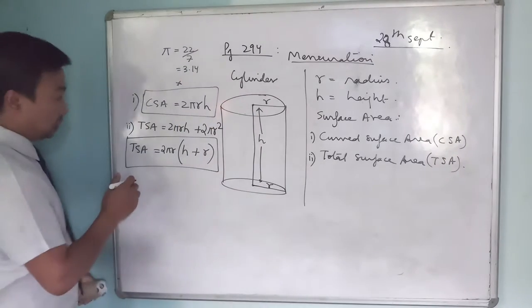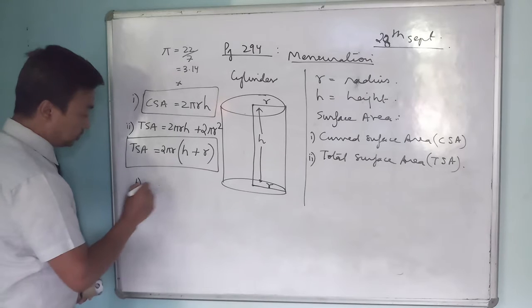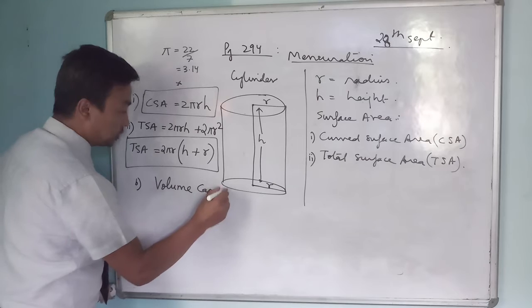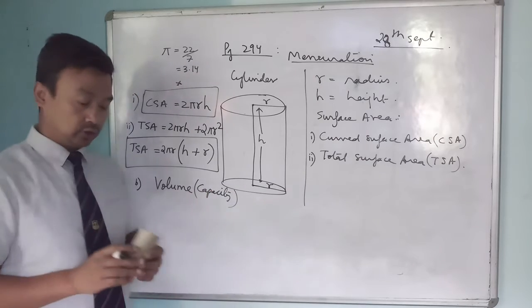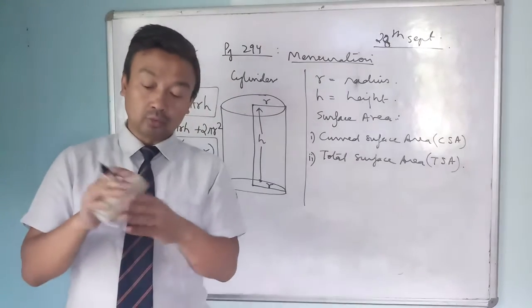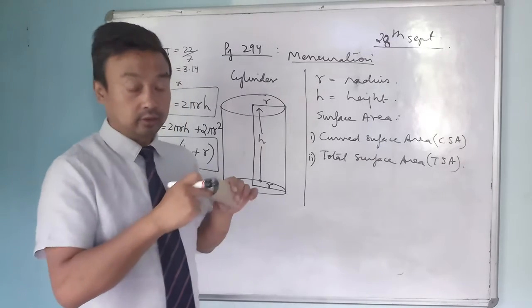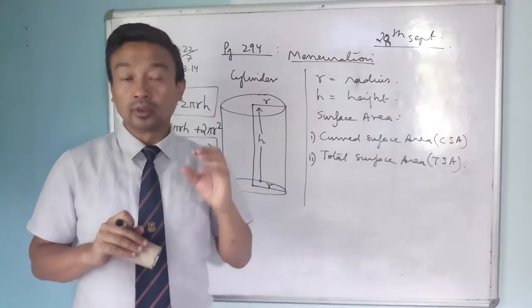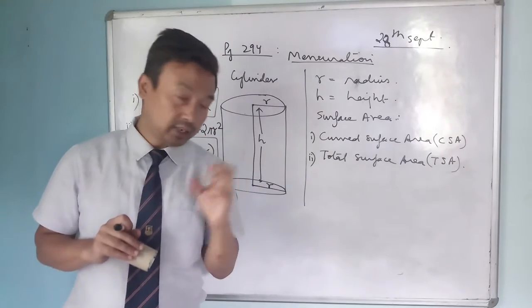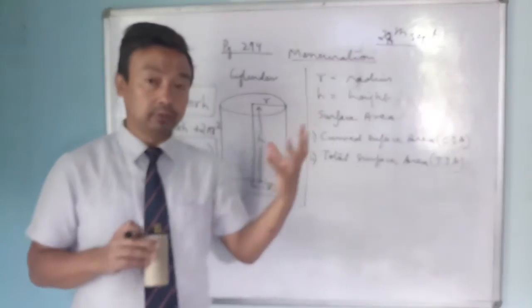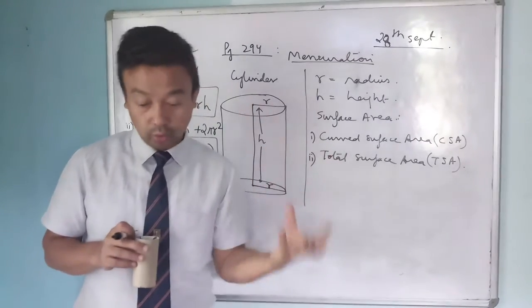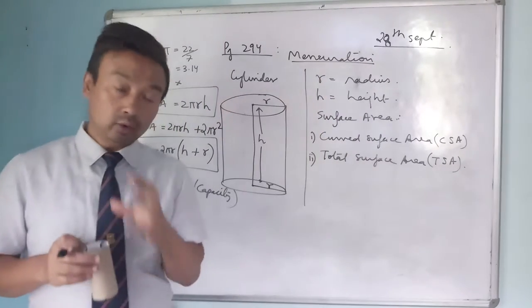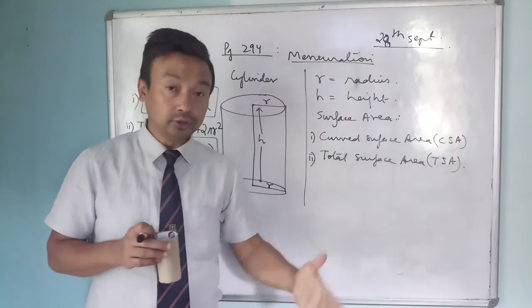Now the third one is the volume. Volume is also known as the capacity. So how much volume, or what is the capacity to take things inside this cylinder? Basically, the general formula for the volume of any solid, whether it may be a cylinder, a cuboid, a cone, a sphere, etc., is always the area of the base into the height.